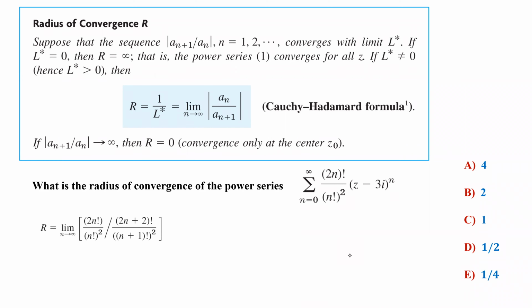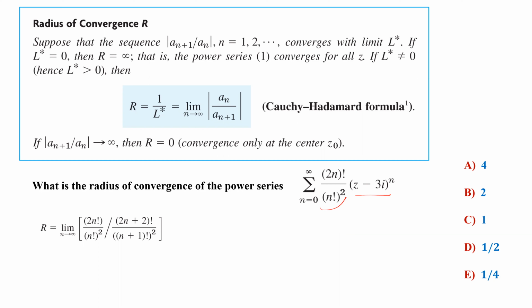Let's do that. These are the coefficients in front of (z minus z0) to the power n, right? So a_n is (2n)! over (n!) squared, and a_(n+1) becomes (2n+2)! over ((n+1)!) squared, because (2n+2)! is 2 times (n+1) factorial.